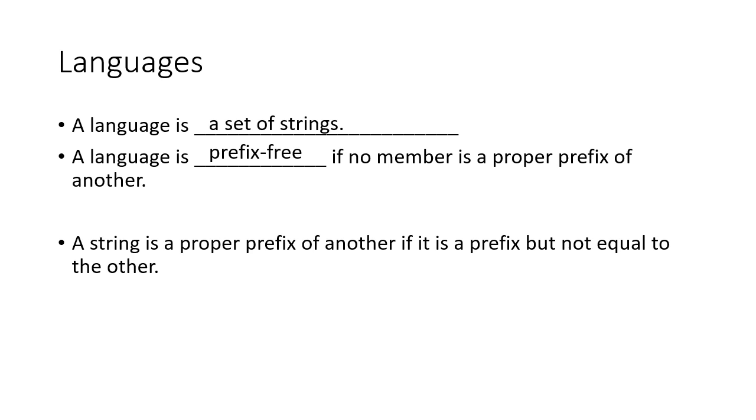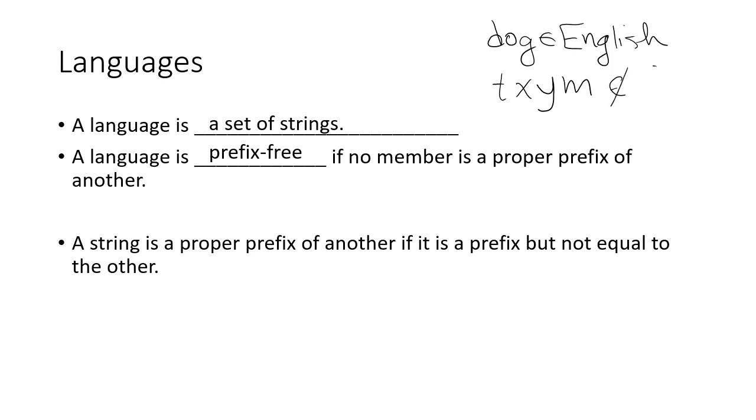You can say that the word dog is in a particular language, the English language, but just because I come up with some letters, it doesn't mean that it's going to be an English word. So I could say T, X, Y, M. That's a valid string using the alphabet, but it is not an English word.